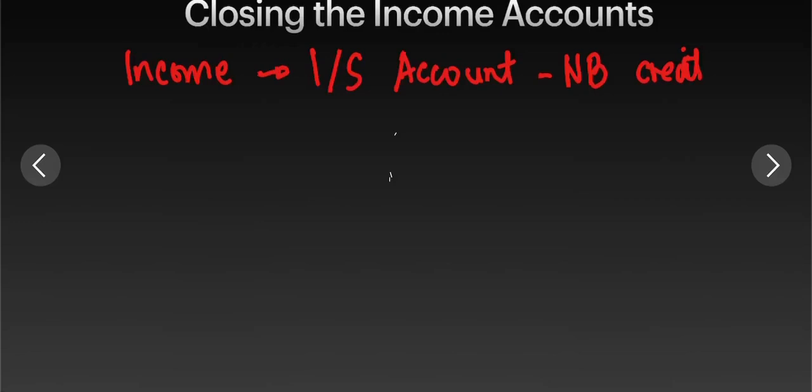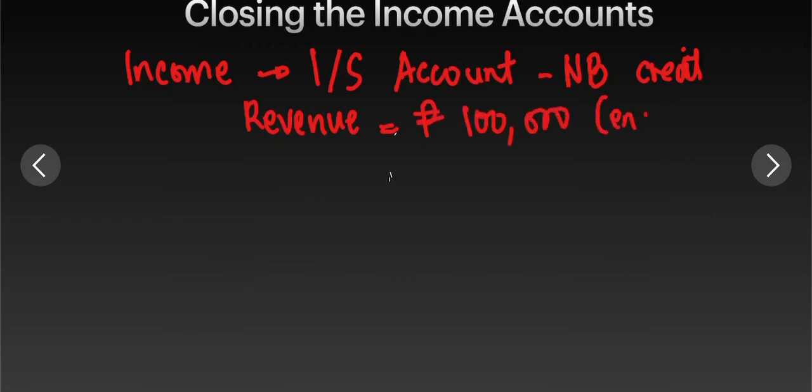So how are you going to close the value? For example, in a previous example, the revenue has a balance of 100,000 at the end of 2019.